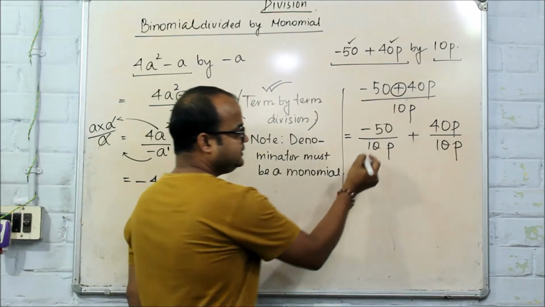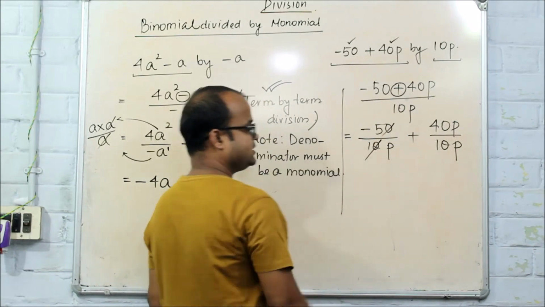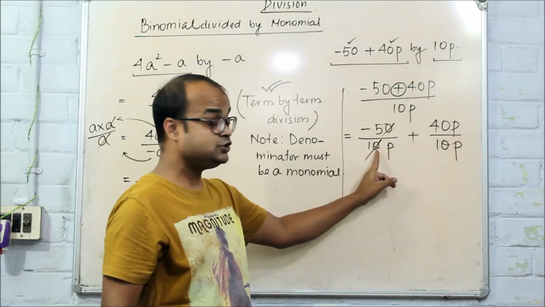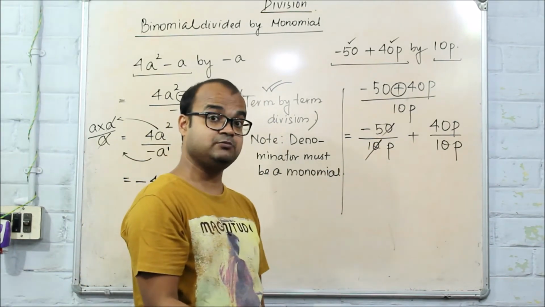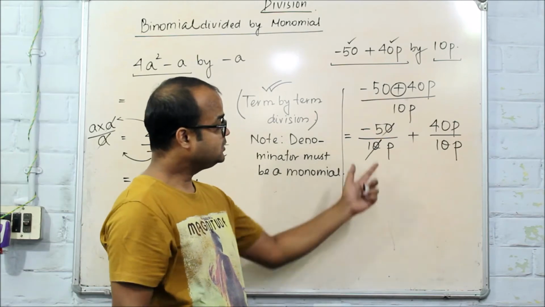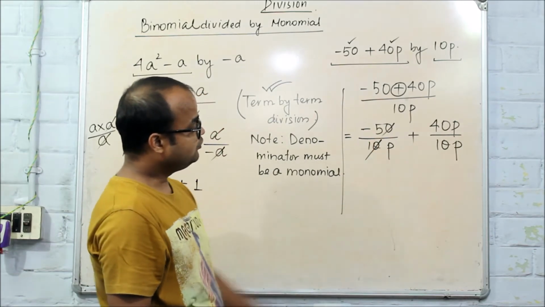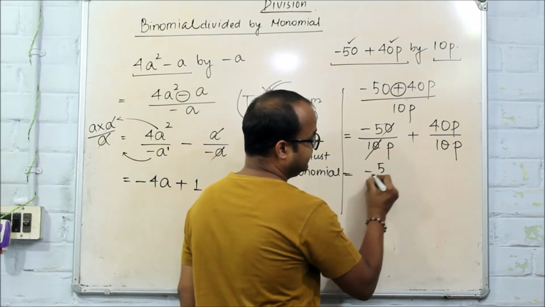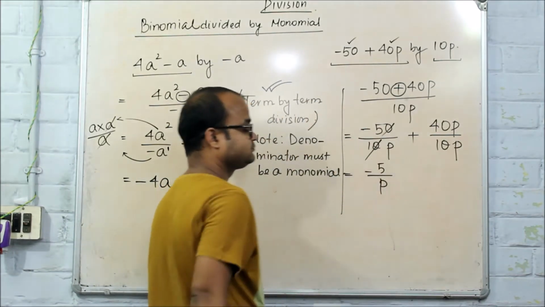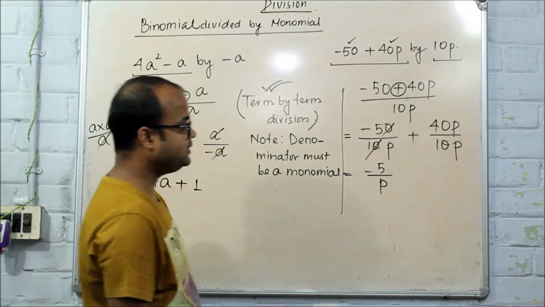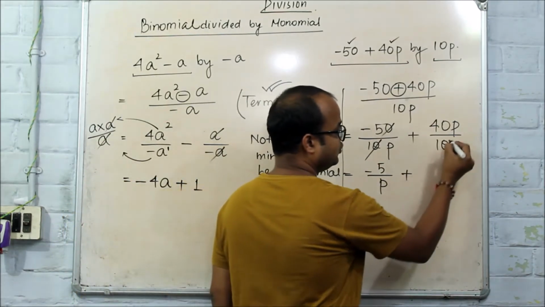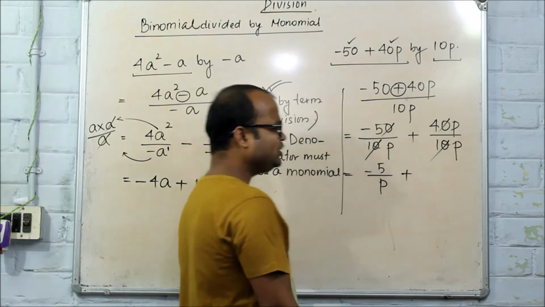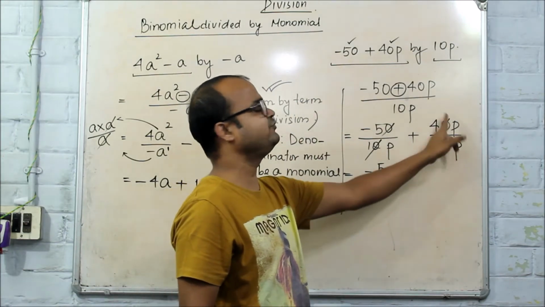Now see, the 10 and 10 cancel. You can cancel these two zeros if they are at the extreme right. Clear? So 10 and 10 cancel, so we get minus 5 by p. Minus 5 by p plus, 10 and 10 cancel, or you can cancel it: 10 ones are 10, 4 tens are 40.